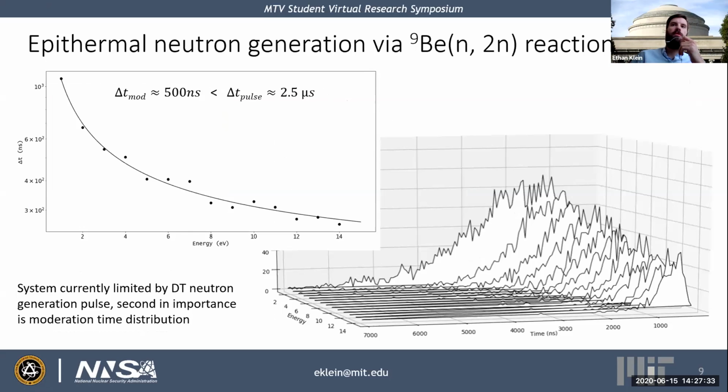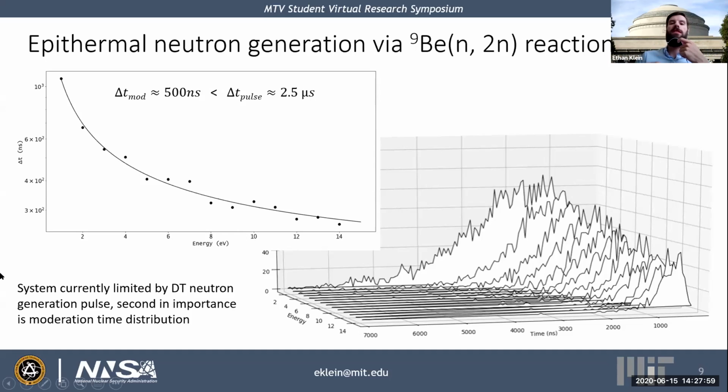In terms of the actual moderation, one modification we've made to our previous setup was to move to using beryllium for the (n,2n) reaction. What we've seen is that it has reduced the moderation time within the moderator assembly compared to a solely plastic moderator, which is beneficial because it reduces the time uncertainty and hence the uncertainty in neutron energy.